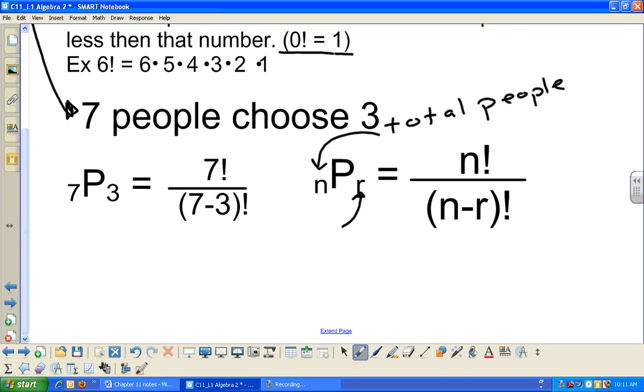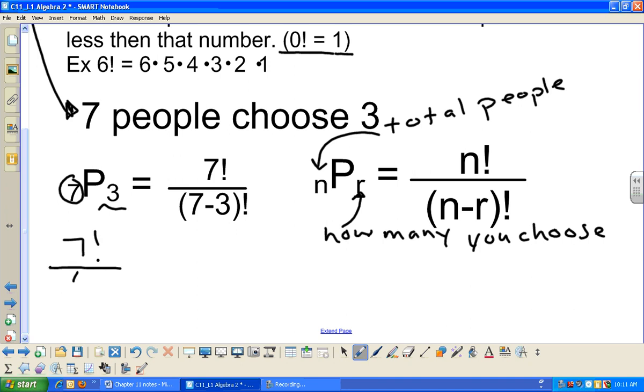R is going to be how many people you choose. So if I have 7 people and I'm choosing 3 of them, I would have 7 factorial over 7 minus 3 factorial. That's the same thing as 7 factorial over 4 factorial.